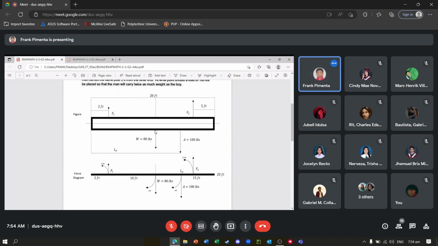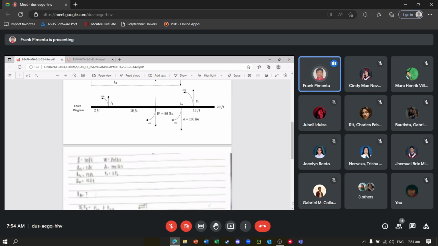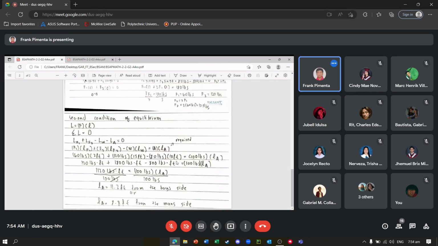Kalahati. Yung 100 pounds, saan binase? What's the moment arm? 120 pounds times 15 feet.